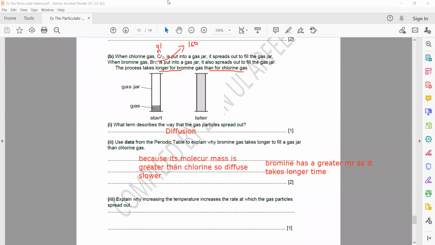Then the third part: why does increasing the temperature increase the rate at which the gas particles spread out? When we increase the temperature, why does diffusion occur at a higher, faster rate?